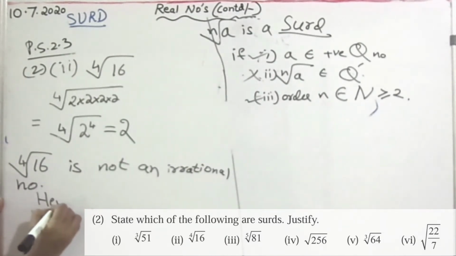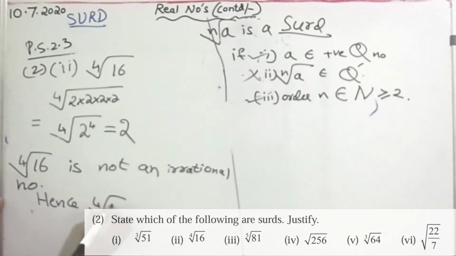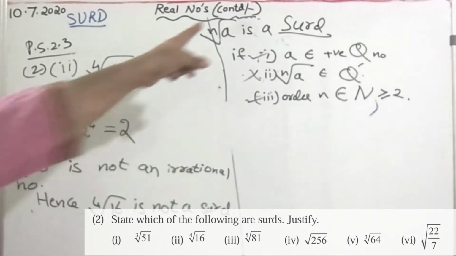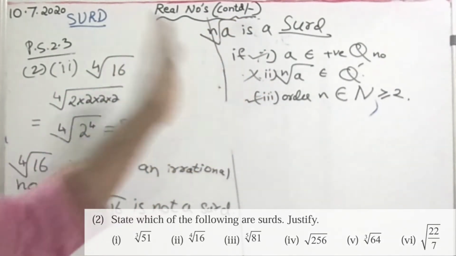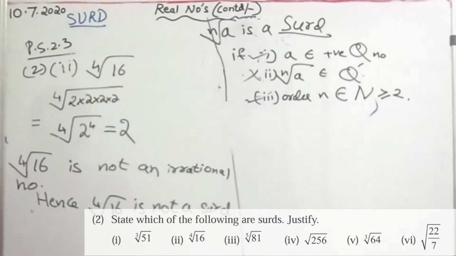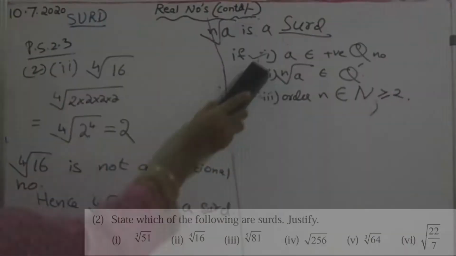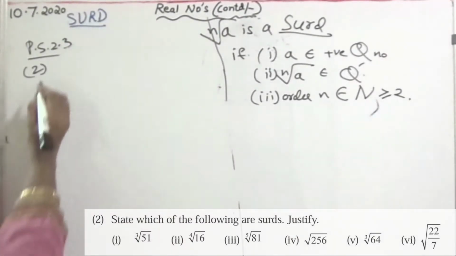Hence, fourth root of 16 is not a surd. Is it clear? Copy it down. You can write this in the working column for you to understand whether it's a surd or not a surd. Question number 3.